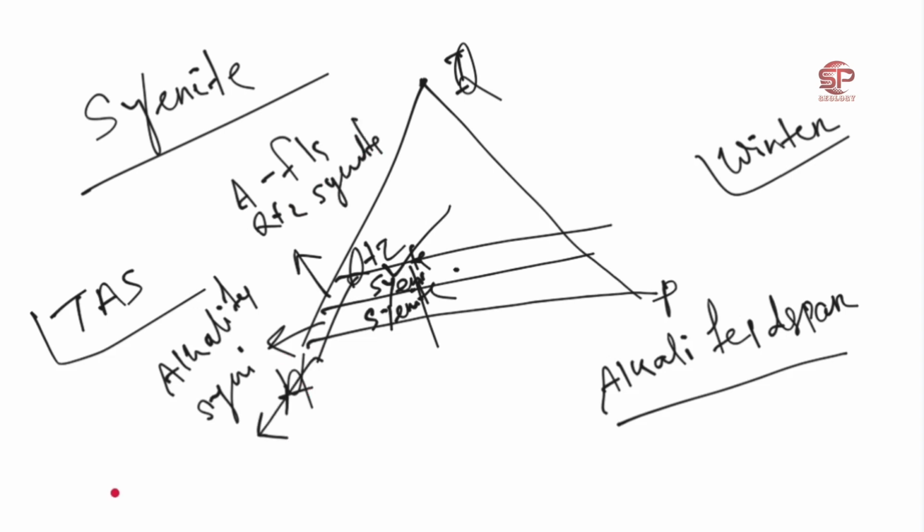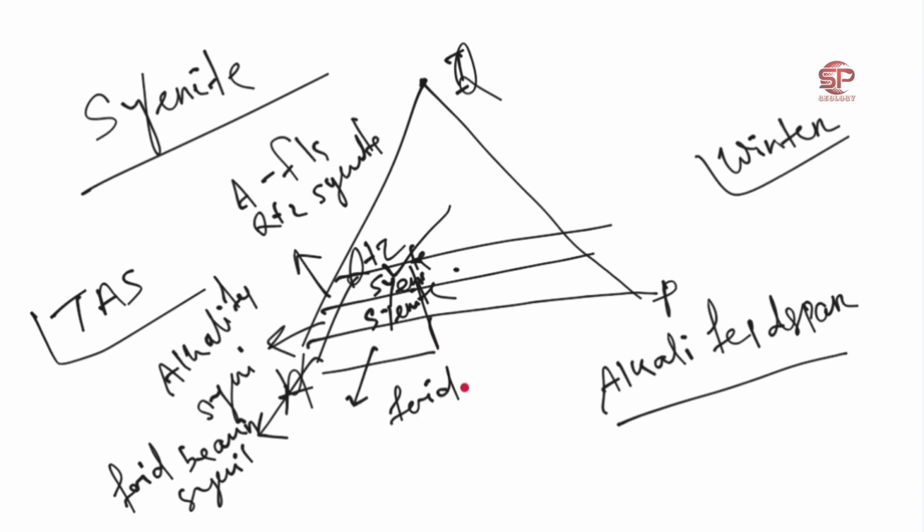And this one is foid bearing syenite. And this one is foid syenite, or you can say this is nepheline syenite. So you already know these classifications of syenite.